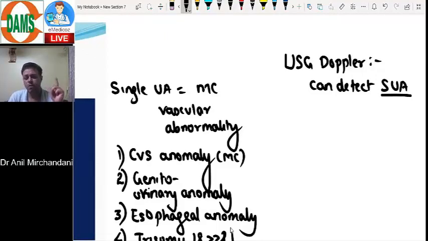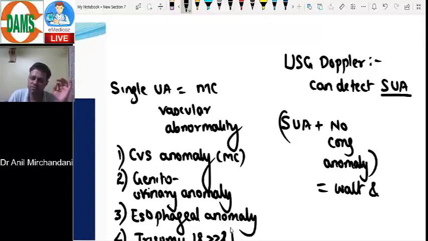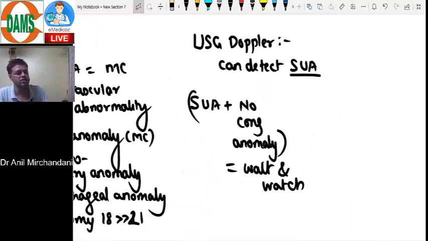If Doppler has picked up single umbilical artery and no congenital anomaly is seen, so grossly the baby is normal, we don't have to do anything, we just have a wait and watch policy. Isolated single umbilical artery condition does not require any intervention.